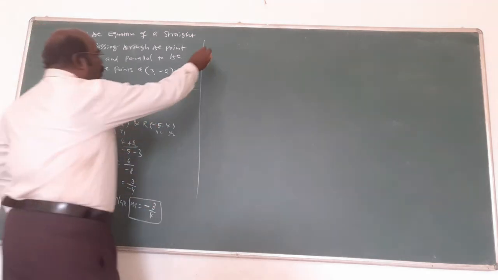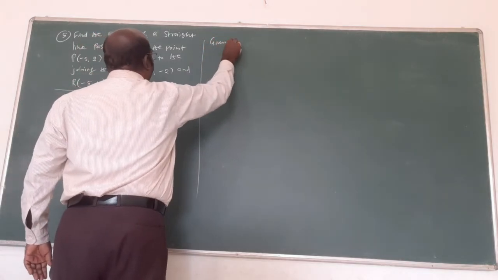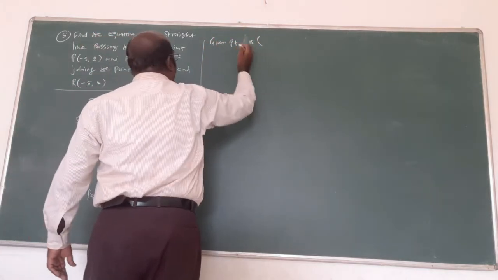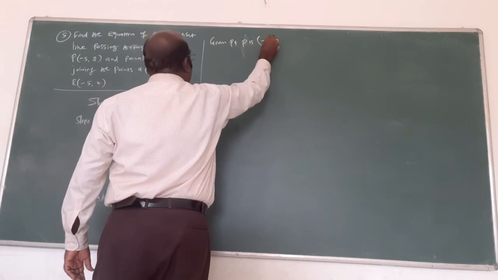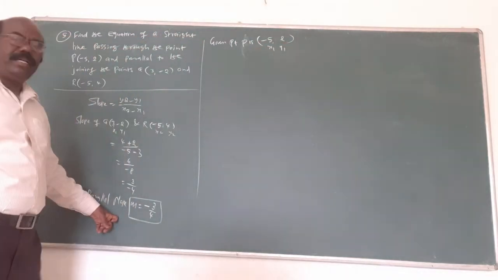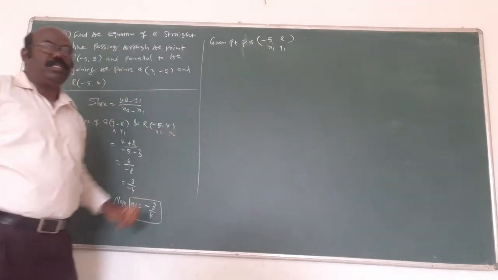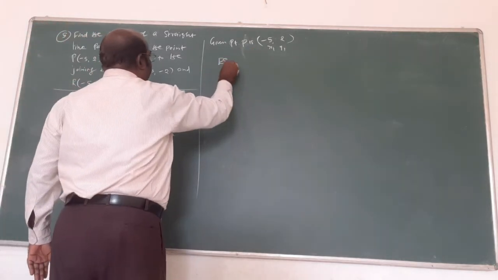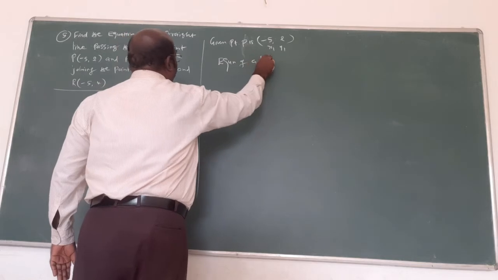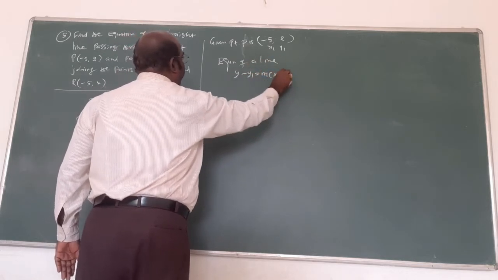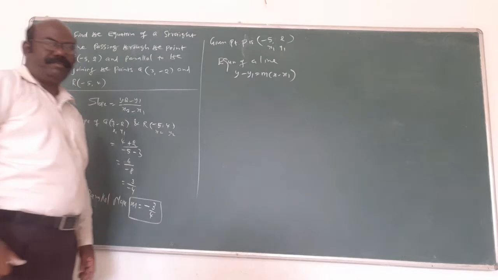In this way, you find the slope m. Already one point you know. What is the given point? The one point you know is (minus 5, 2), that is x1, y1. One slope, one point, what is it called? Equation of a line: y minus y1 equal to m into (x minus x1).